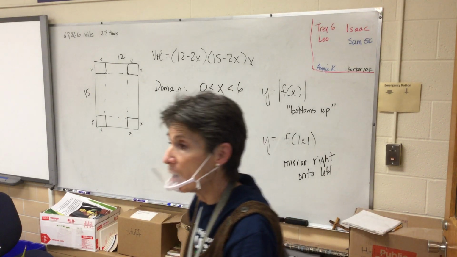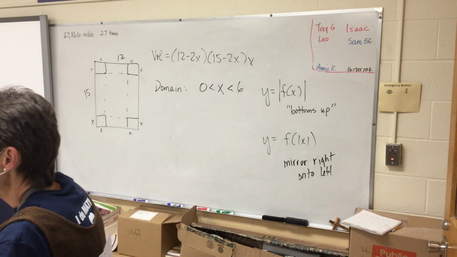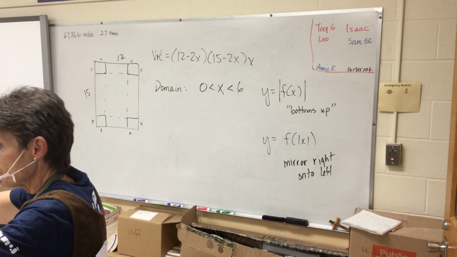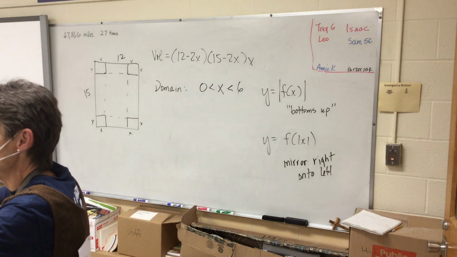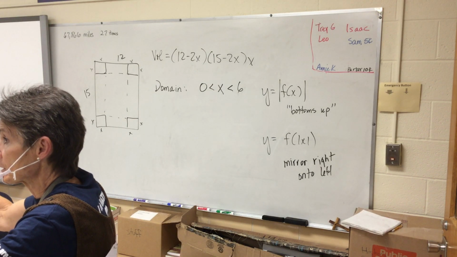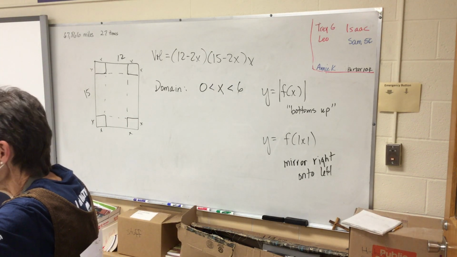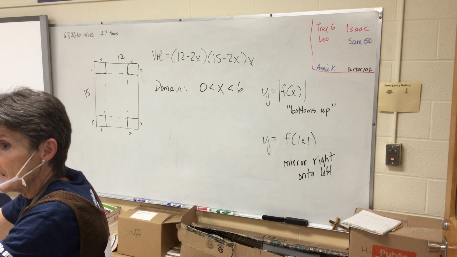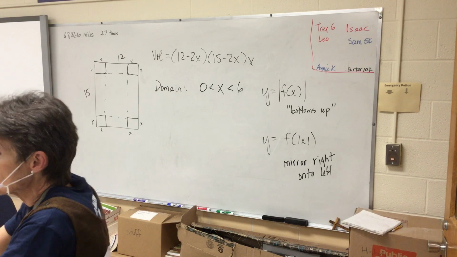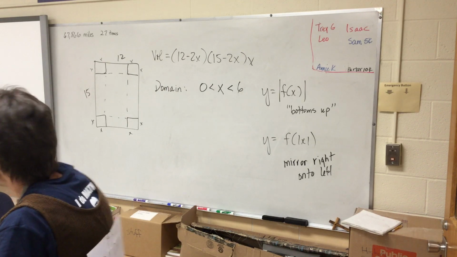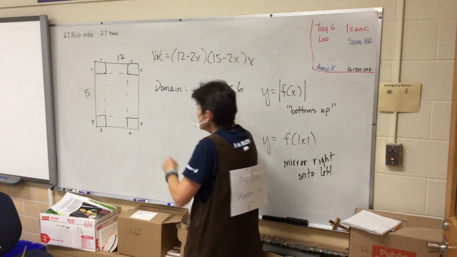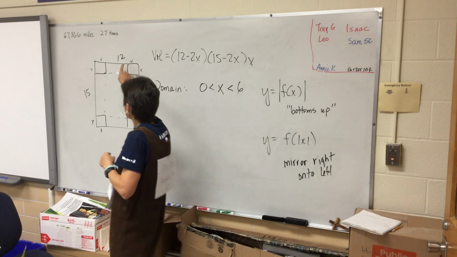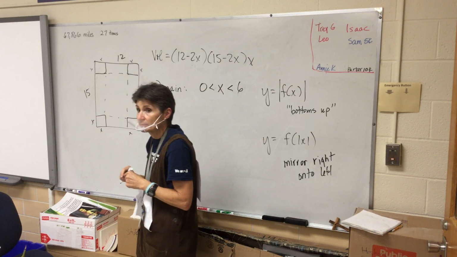Because if there are pieces being taken off both sides, and you only have 12, then 6 is the most you can take off, right? You can't even really take 6, but you can take everything up to 6. So that's your domain. Now, 6 came from half of 12, right?